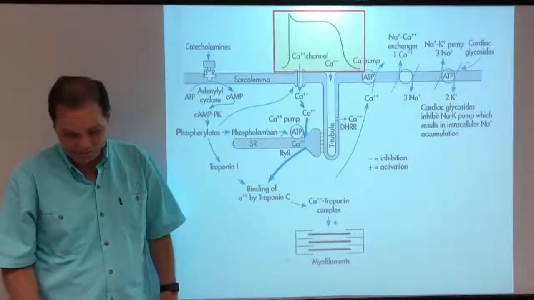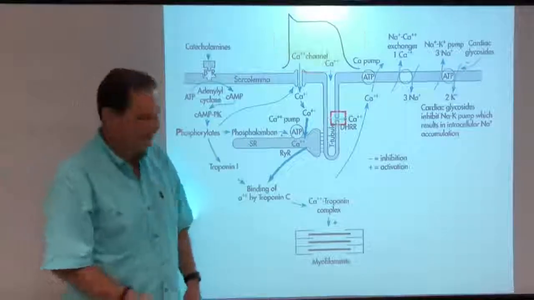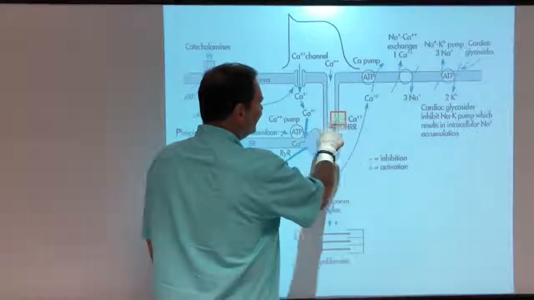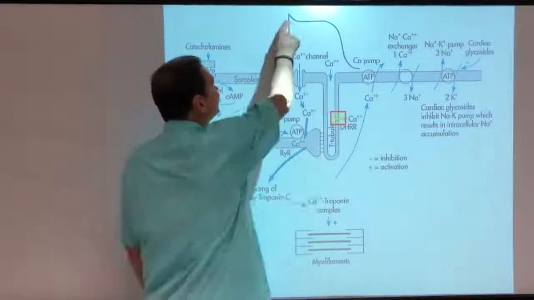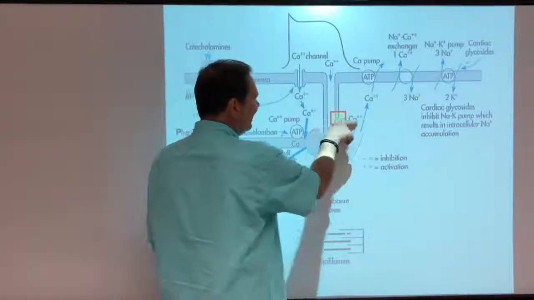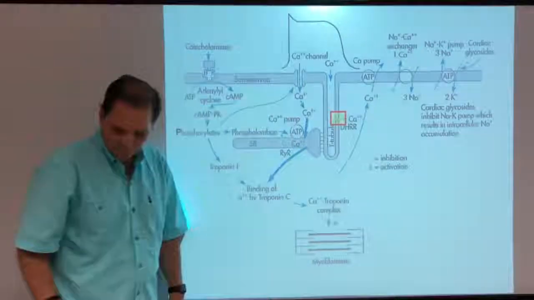Okay, pretty much. So we have our action potential propagates down, and it opens L-type calcium channels. These are voltage-dependent calcium channels. The voltage goes up, calcium channel opens, calcium flows across the membrane into the cytosol.